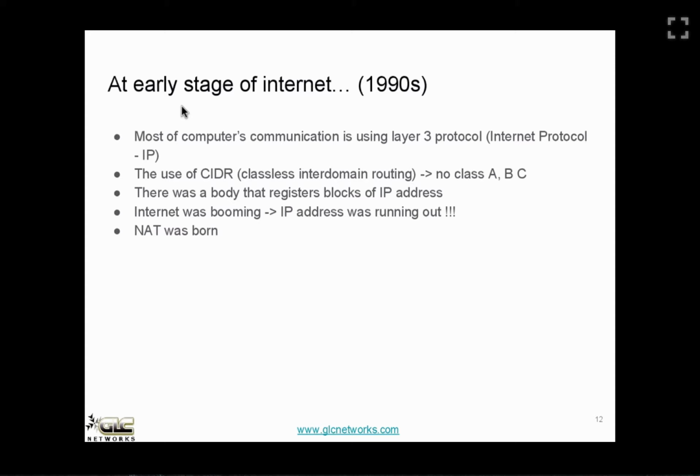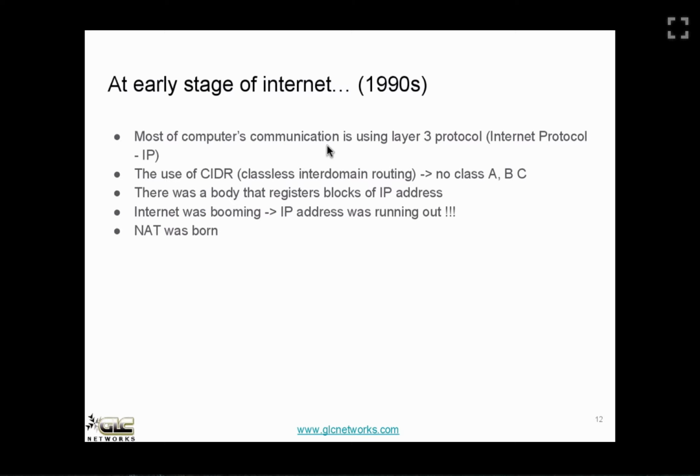So NAT is a feature, and that feature is made because of a purpose. In the early stage of the internet, in the 1990s, most computer communication was using layer 3 protocols. At that time, layer 3 protocols were many.